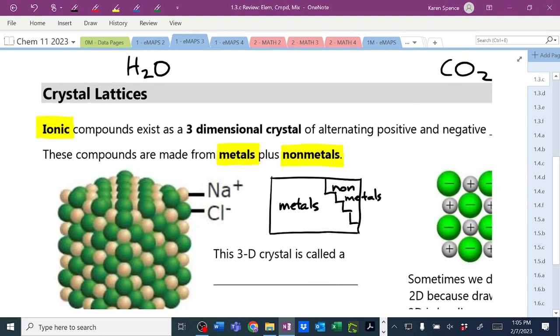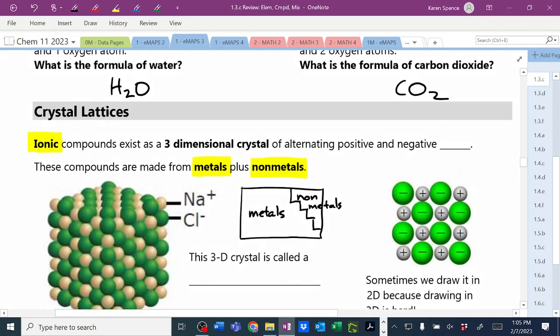Do you remember what we call atoms that have either a positive or negative charge? See if you can recall that with your neighbor. Have a little chat.